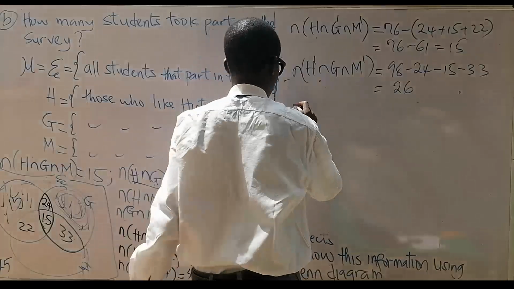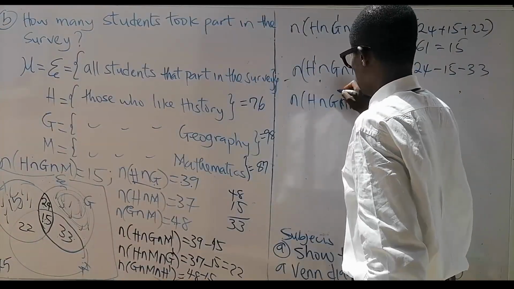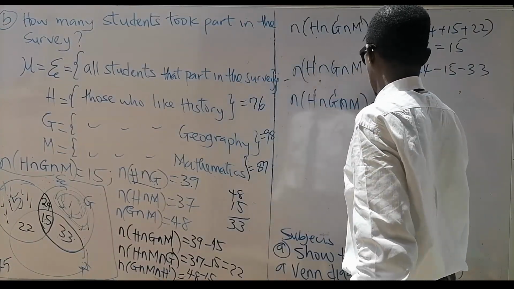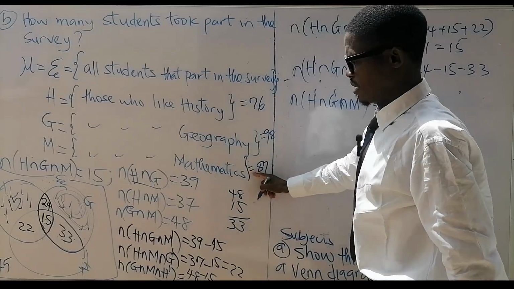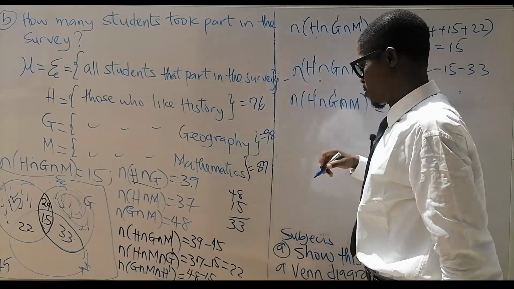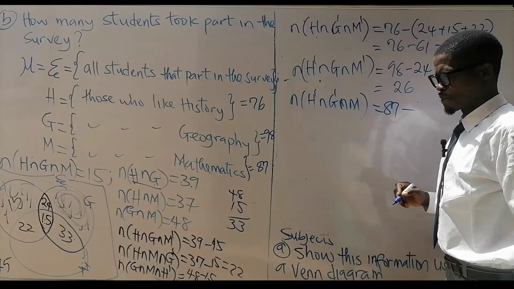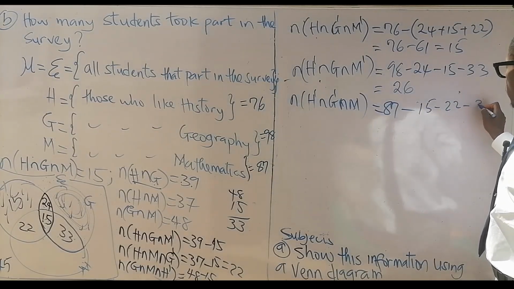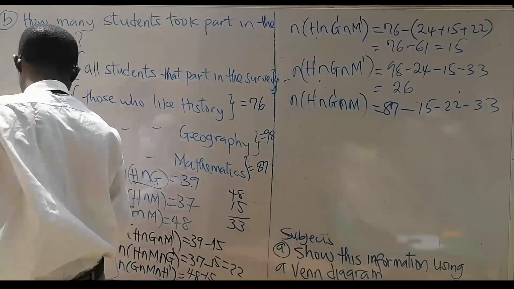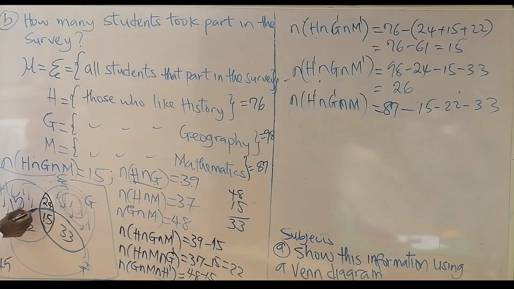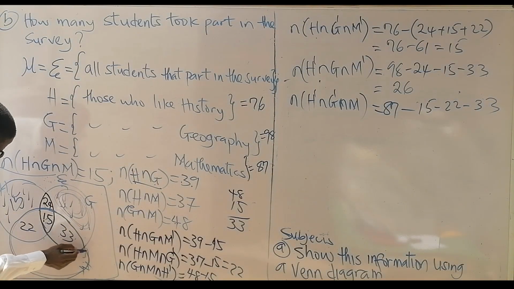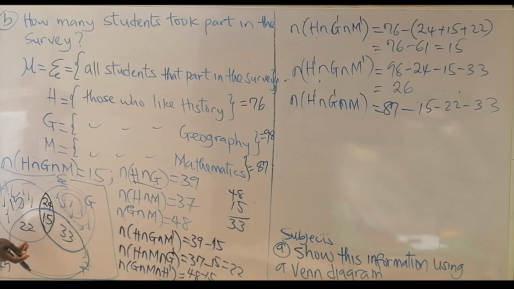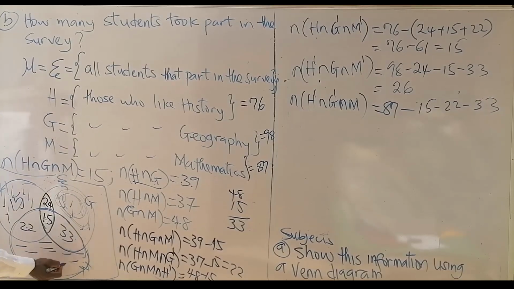Finally, let's get the mathematics only. We are going to exclude these parts, and that will be equal to mathematics for the whole of the circle, which is 87, minus 15, minus 22, minus 33. This is the whole of the circle for mathematics, and we have these people that are part of that circle, so we need to take them away so that we can find this place, mathematics only.